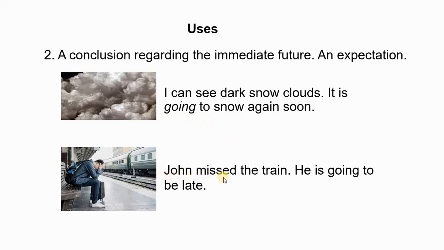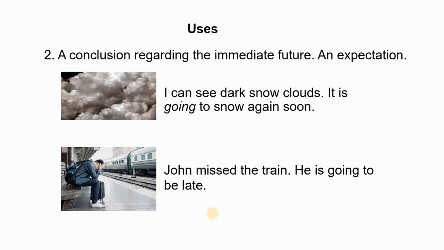Another example. John missed the train. He is going to be late. So John missed the train. So because of this, the conclusion is he is going to be late. Okay, that is the conclusion.